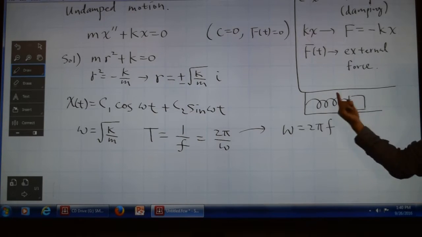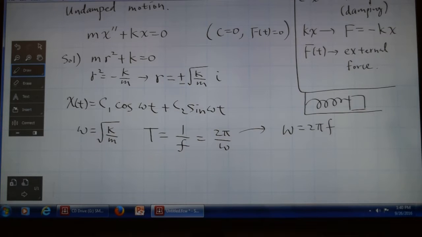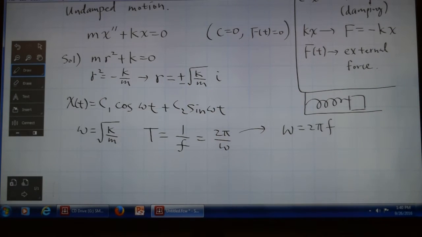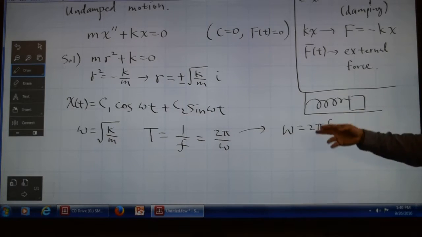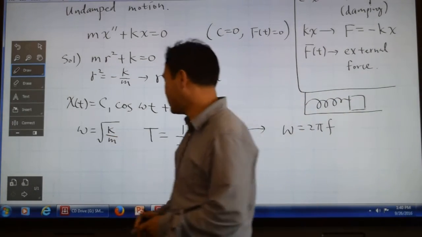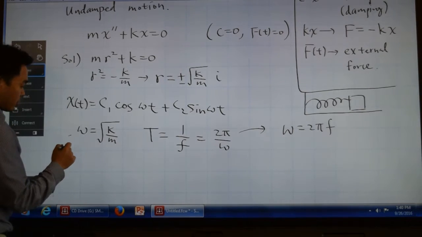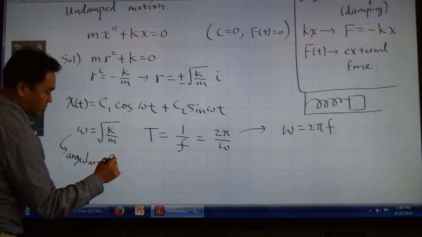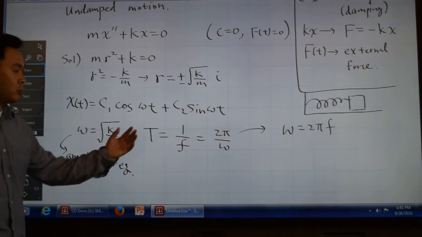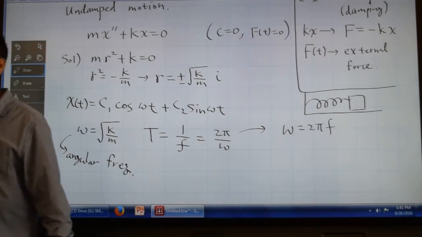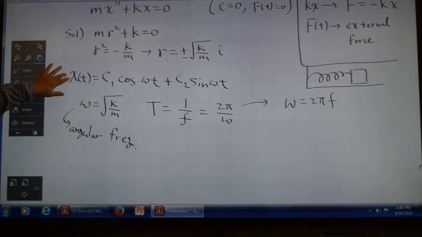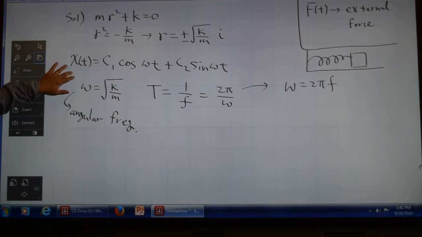It will always go back and forth without stopping. And because it's a periodic motion, all these things, the angular frequency, omega, and period and frequency, can be applied in this system, just like where you learned this in physics.